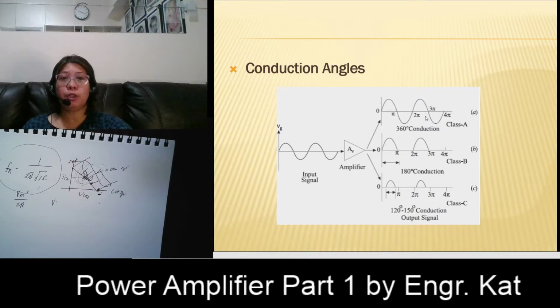Distortion occurs when your output does not look like your input anymore. If there is a clipping or a flattening either on the positive half or on the negative half, we call that distortion. So as you can see, Class A is free from distortion because they look alike.